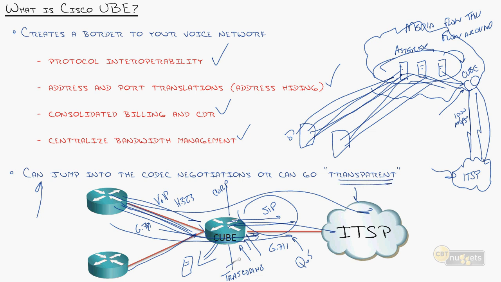Because as soon as you introduce this, bam, you're adding a ton of DSPs, especially if you want to scale that Cube router to a large amount of calls. So why not distribute that load, and allow them to go direct with whatever codec and just have them match whatever the ITSP is using.